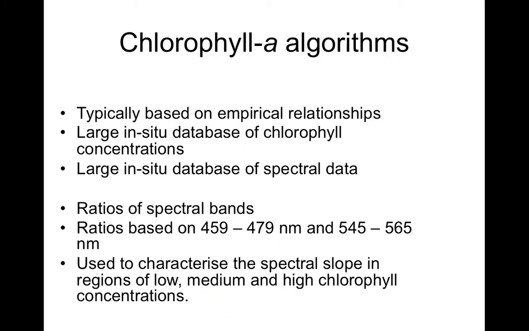So these chlorophyll algorithms that the satellite observations exploit are typically based on empirical relationships. They're developed by collecting large amounts of in situ data from ships, from sampling stations, from buoys, and then the spectral response of different concentrations of chlorophyll is measured, and empirically you derive an algorithm that relates the spectral bands that the sensor in space can actually observe to the output, which is an estimate of the total amount of chlorophyll at the surface.